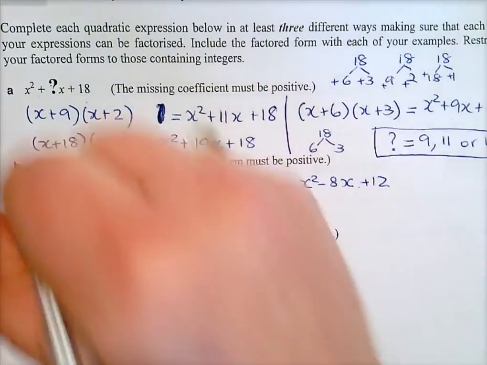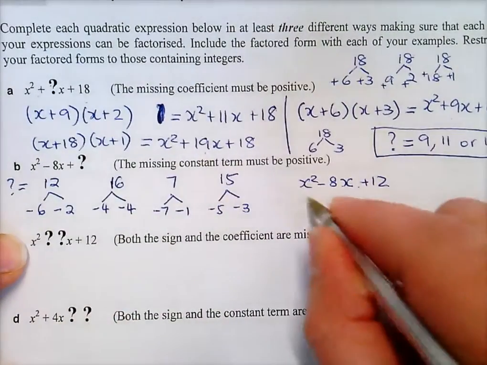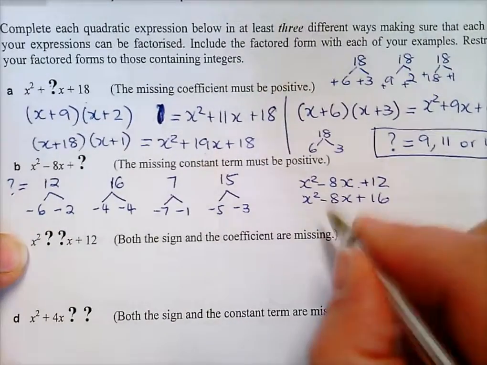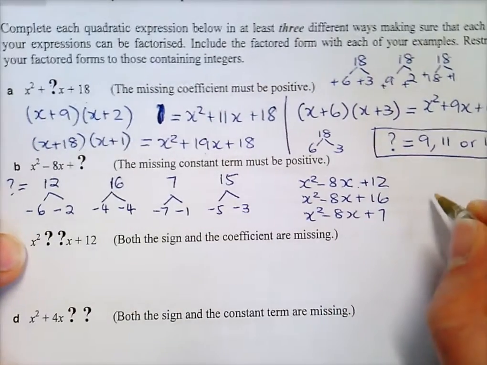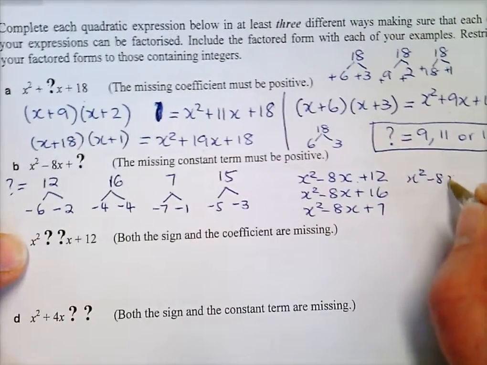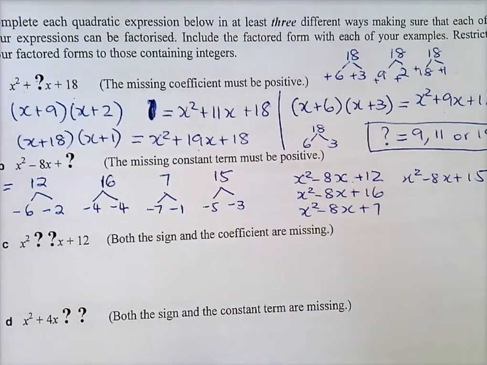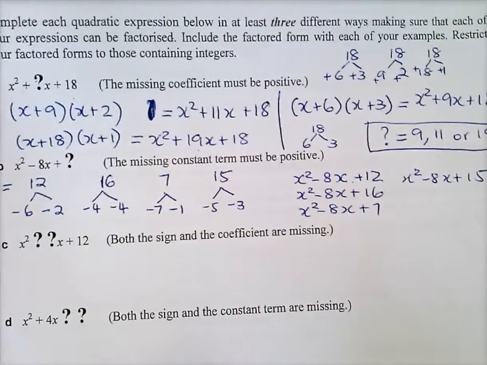So the question mark could have been any of those four things. I could have had x squared minus 8x plus 16, x squared minus 8x plus 7, and x squared minus 8x plus 15. Do you see? That middle term of minus 8x could have come from 4 different places.